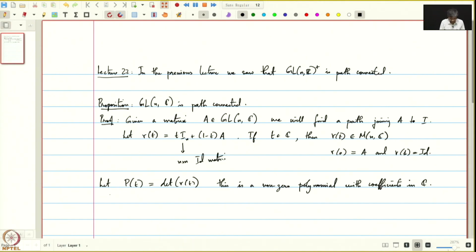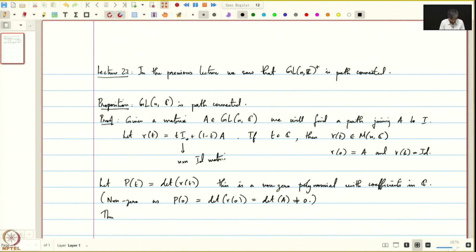And this polynomial is non-zero because P(0) is equal to the determinant of gamma(0), which is A, and the determinant of A is not equal to 0 because A is in GL_n(C), right.